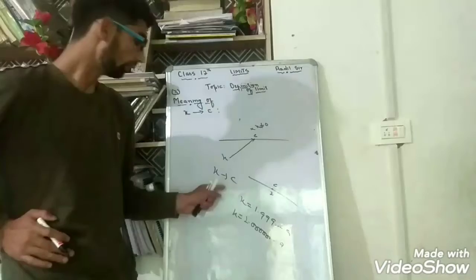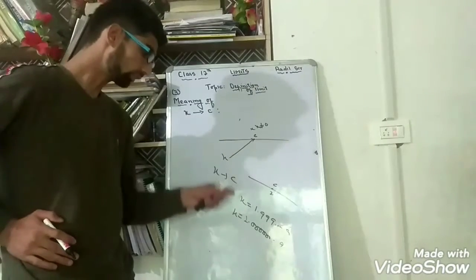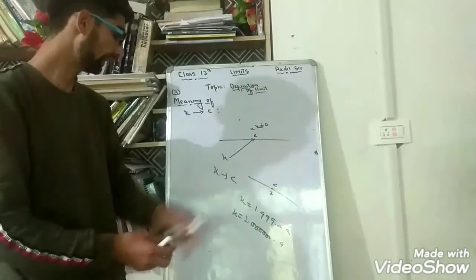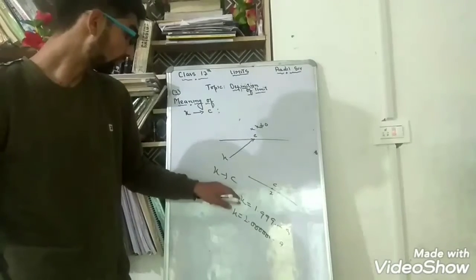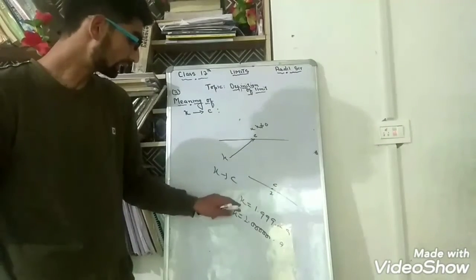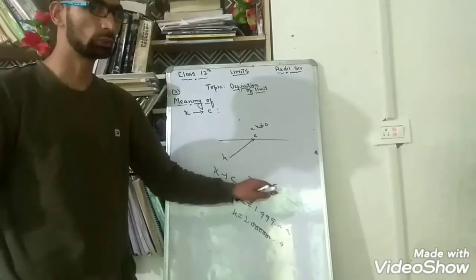I have taken the point c equal to 2. If you concentrate on these two values of x, you will find the values of x are very close to c, but x is not equal to 2.